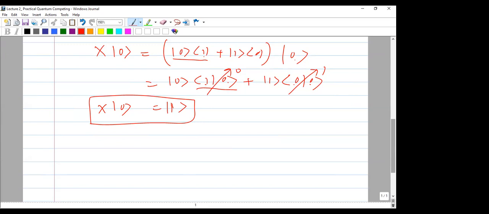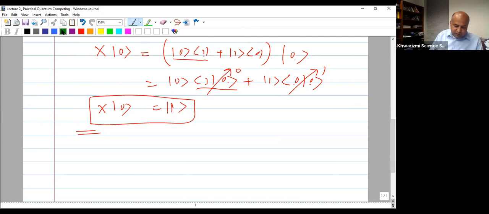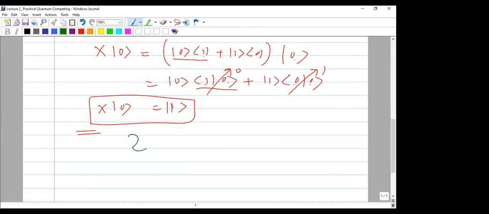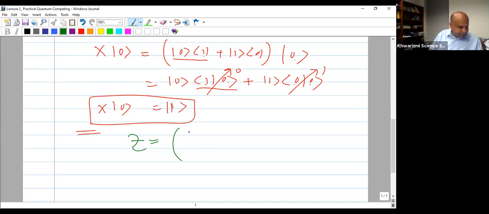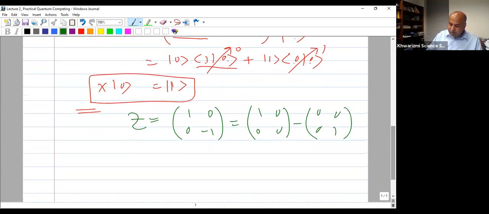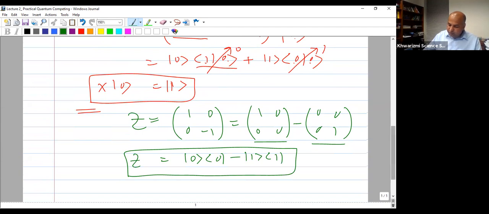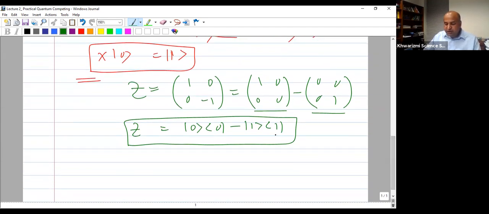Okay, thank you. So let's now see how we can express this Z gate, which I wrote as the matrix 1, 0, 0, minus 1. We can write it as |0><0| minus |1><1|. We can now see the operation visually very easily as well.